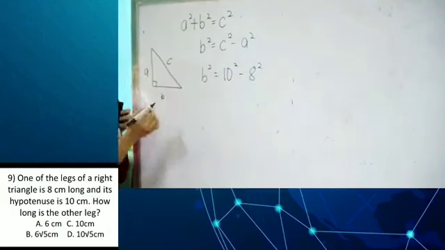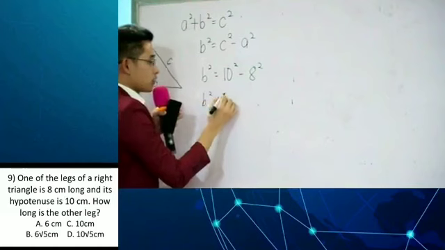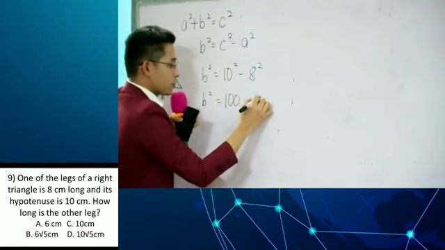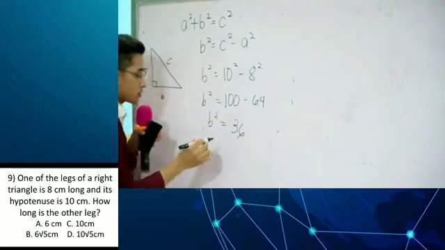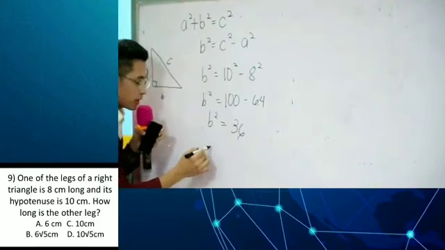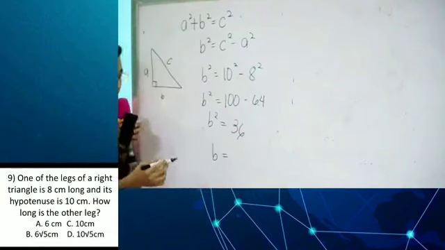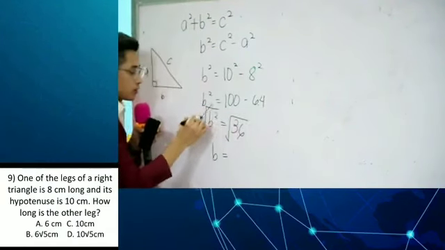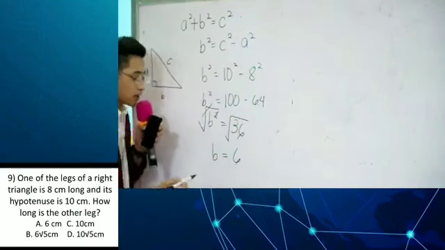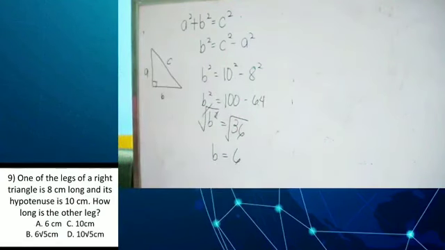Can you follow? Okay, so b squared is equal to 100 minus 64, which is 36. So tandaan niyo palagi pag nagsosolve kayo, you will end up with a variable which is equal to a number. So square root both sides. So the length of the other side is 6 centimeters. That's it. Okay? Are you still with me?